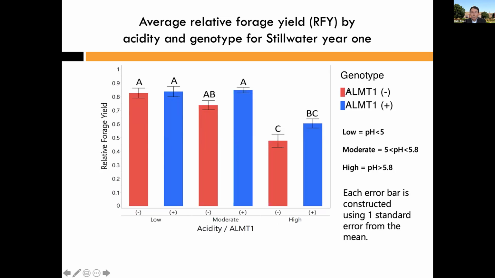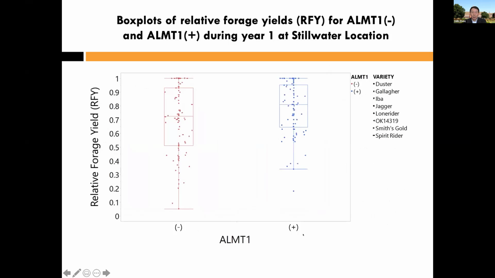However, between the cultivars with and without this aluminum tolerant gene, they did not see any differences. If we put them all together, the cultivars with this gene showed a slight increase in yields, but it was not statistically significant.